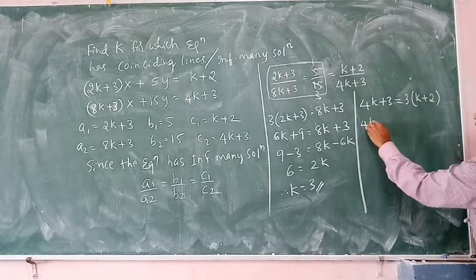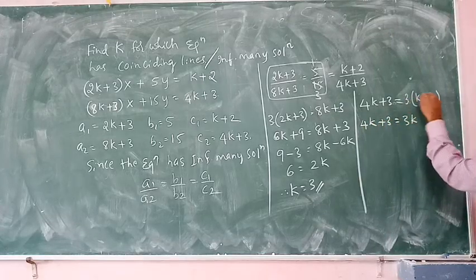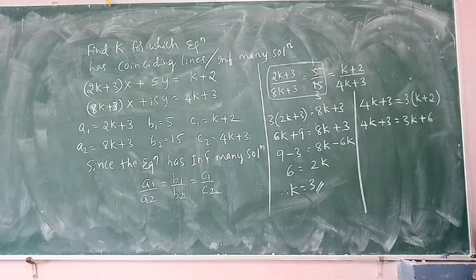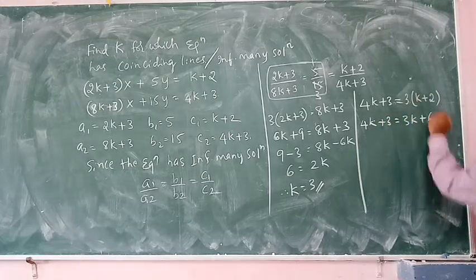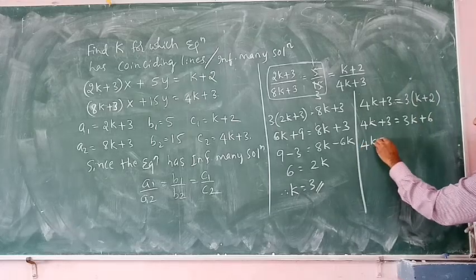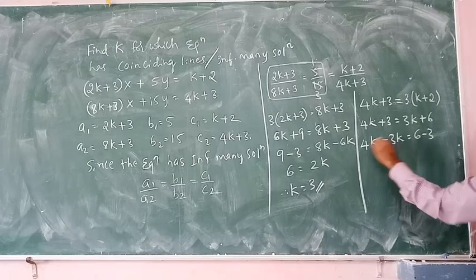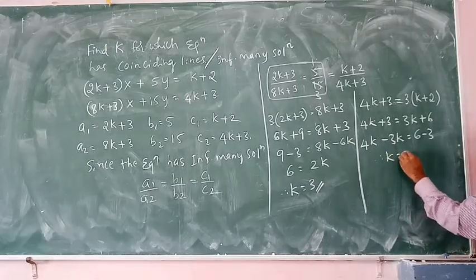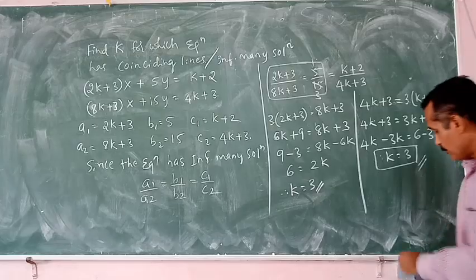It is 4k plus 3 is equal to 3k plus 6. I can shift that 3k to this side and 3 to that side. It is 4k minus 3k is equal to 6 minus 3. Therefore, k is equal to 3 is the answer. That is the end of your solution.